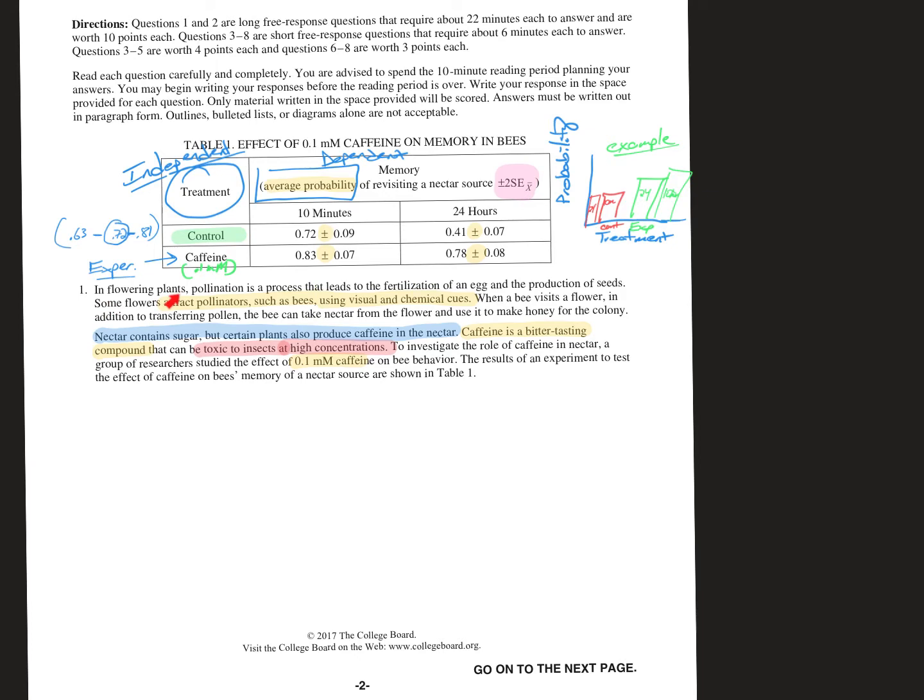So here's a flower. If you read the problem, it talks about attracting pollinators such as bees and visual cues. Now I highlighted this before I read the questions, and someone in class asked, is it a good idea to read the questions before we do the reading, before we do our highlighting? And the answer is yes. It is a good idea to go ahead and read the questions first. I like to read first, but it's probably a lot more efficient to read the questions first and come back and highlight, and therefore read with purpose, right?